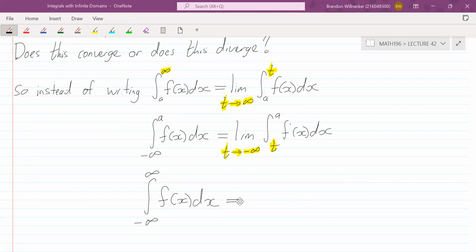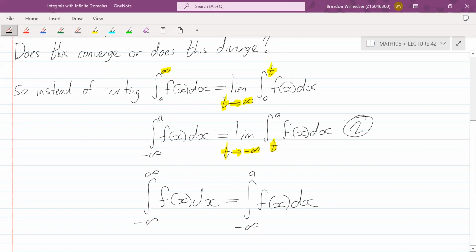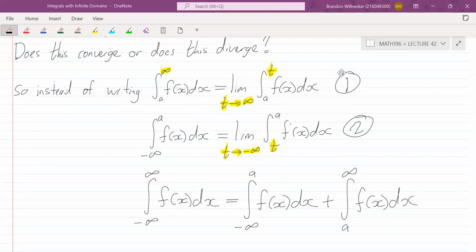So we can write this as the integral from minus infinity to a, f of x dx, in which case we can use this second case involving the limit, plus the integral from a to infinity, f of x dx, in which case we're going to use this first case. By appropriately splitting it up into two parts, we can do a limit for the first part, we know how to do that now, and we can do a limit for the second part. We add the results and we get our answer.